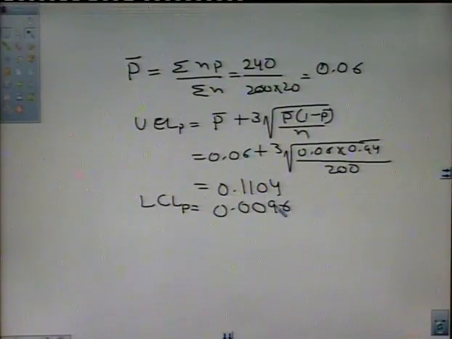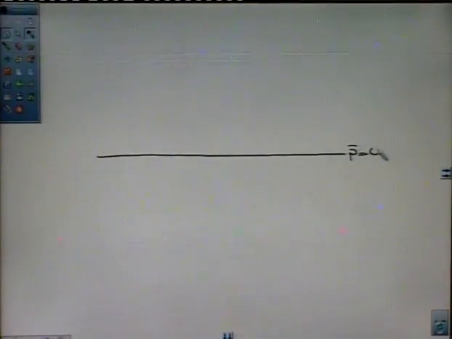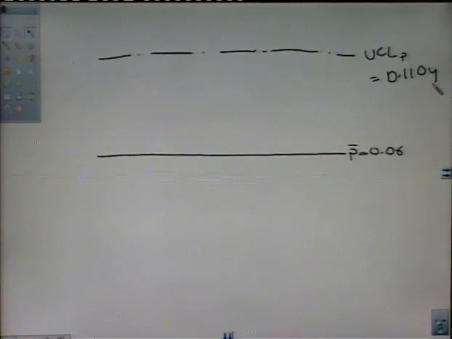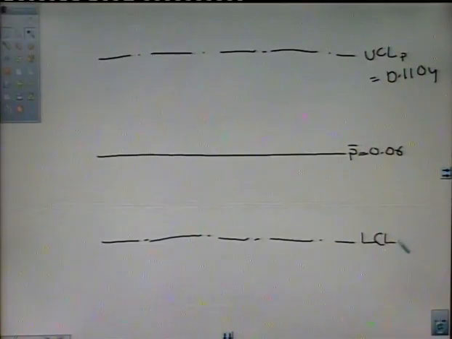Now we are going to plot the control chart. Since P bar is 0.06 and upper control limit of the P chart is 0.1104 and lower control limit of the P chart is equal to 0.0096.